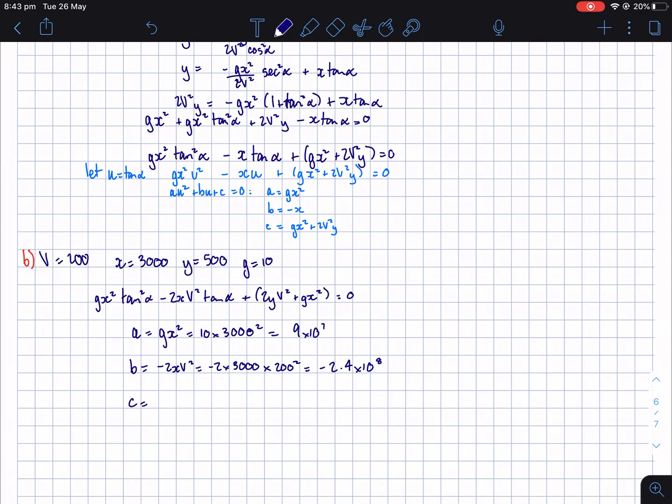And c, which is 2yv squared plus gx squared, is 2 times 500 times 200 squared plus 10 times 3,000 squared, which is 1.3 times 10 to the 8.